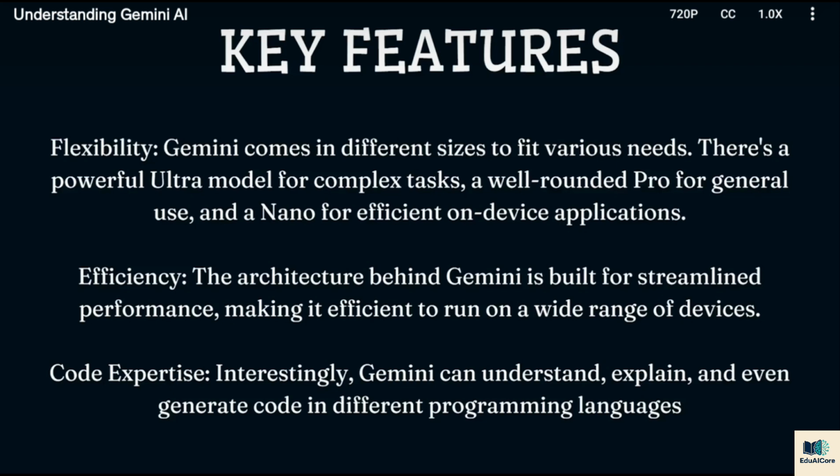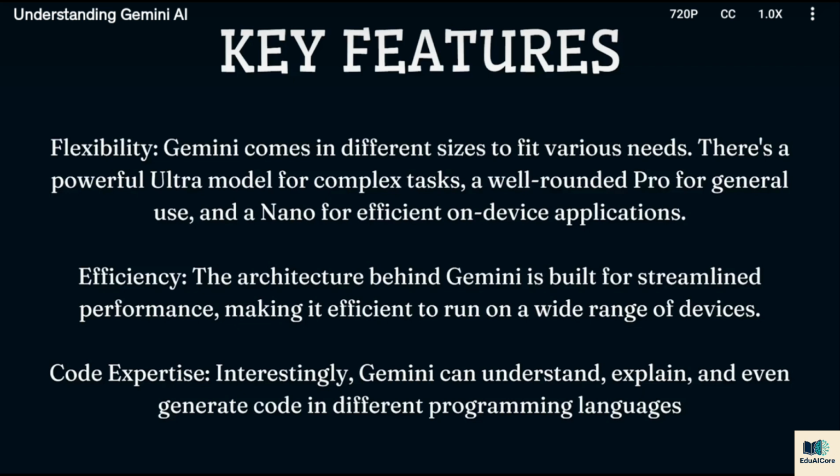The first key feature of Gemini is its flexibility. Gemini comes in different sizes to fit various needs. There is a powerful Ultra model for complex tasks, like coding and similar work.